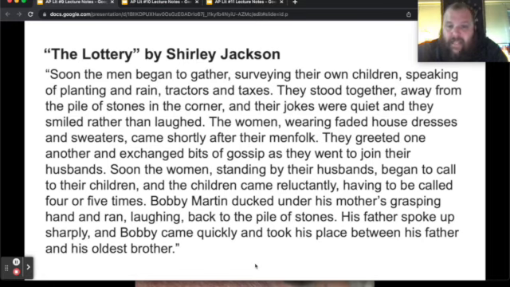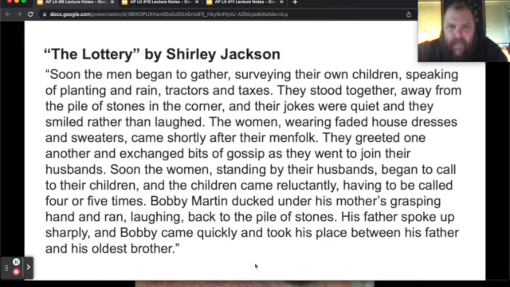Soon the women standing by their husbands began to call to their children, and the children came reluctantly, having to be called 4 or 5 times. Bobby Martin ducked under his mother's grasping hand and ran laughing back to the pile of stones. His father spoke up sharply, and Bobby came quickly and took his place between his father and his oldest brother.